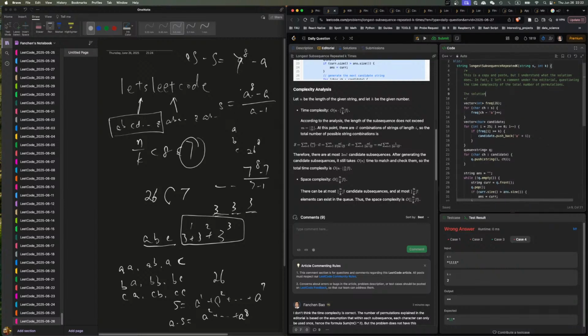The solution is essentially brute force, right?